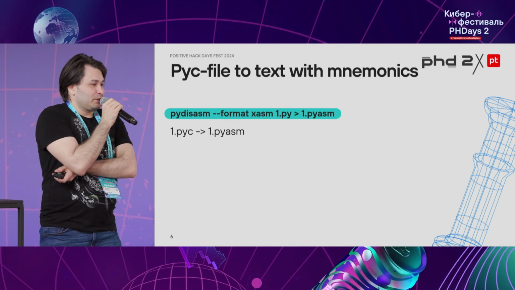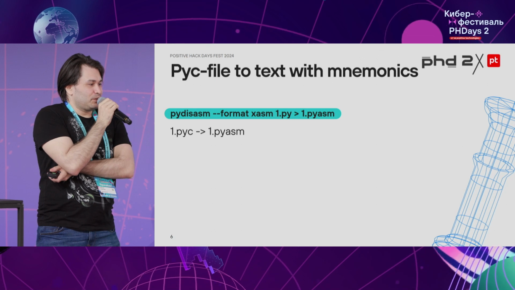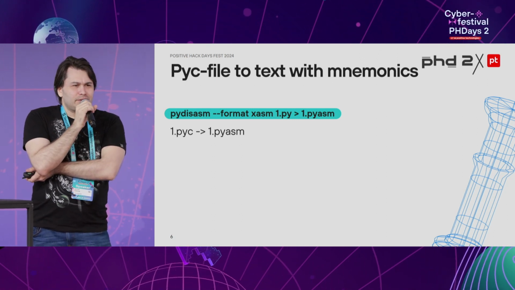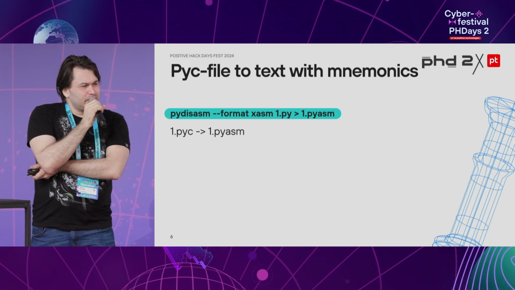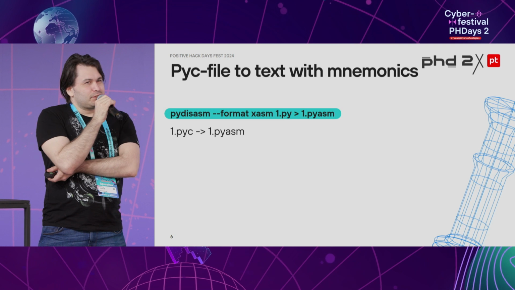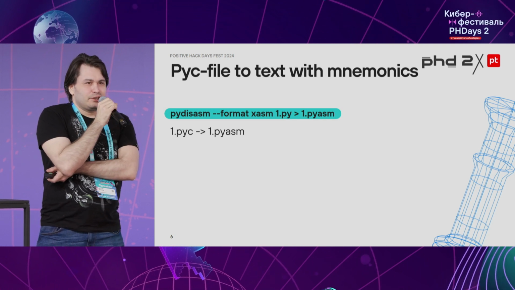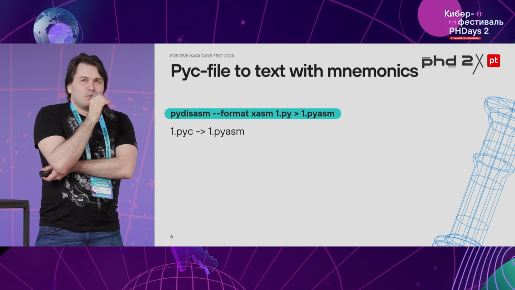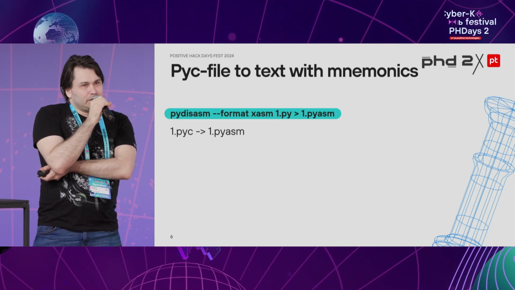To complete the first step, we need to launch the Python. To complete the second step, we need to initiate pyxasm. It's a utility that in different formats, in the exasm regime mode, compiles different mnemonics. It also has other modes for obfuscation.